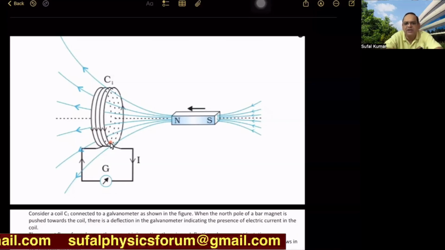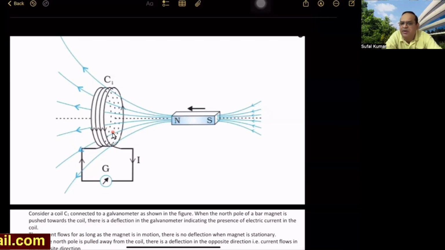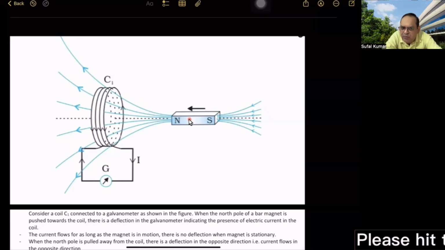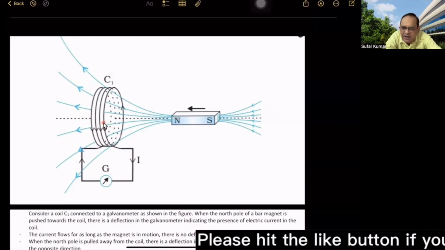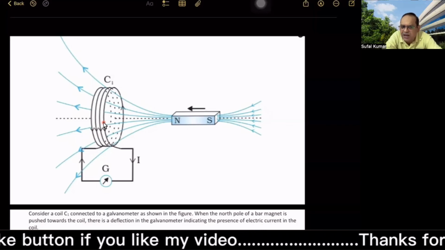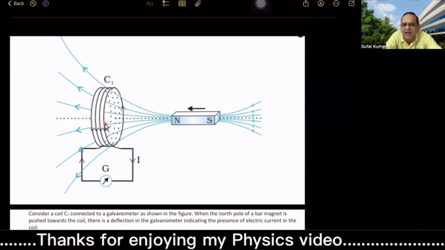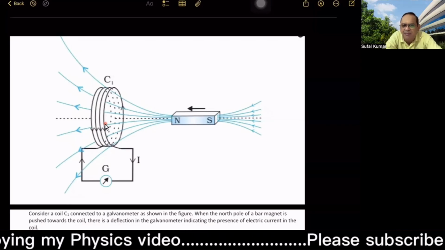Obviously, in coming points, we will be discussing that also. That relative speed is also a factor. That means if the magnet approaches the coil more speedily, then the induced current magnitude will be more also.